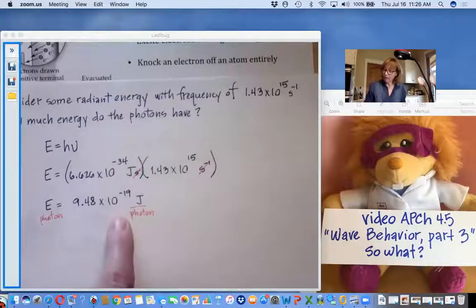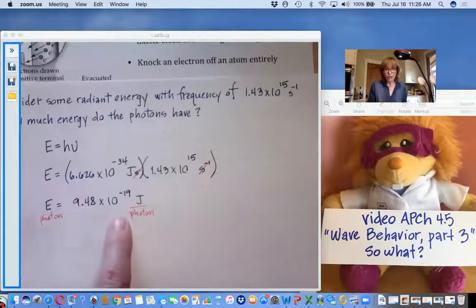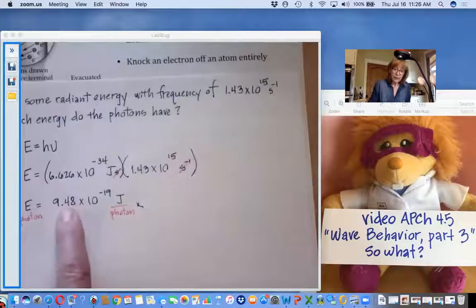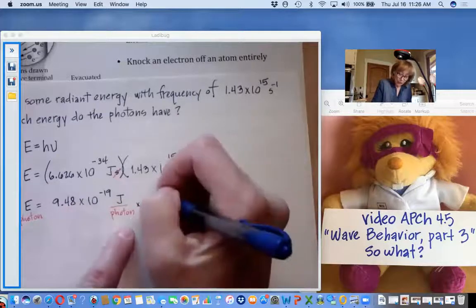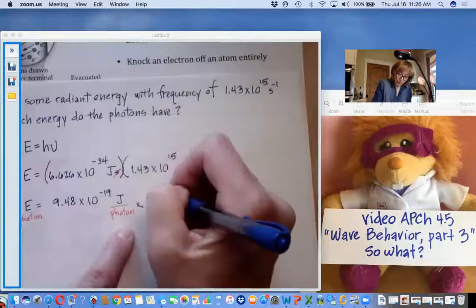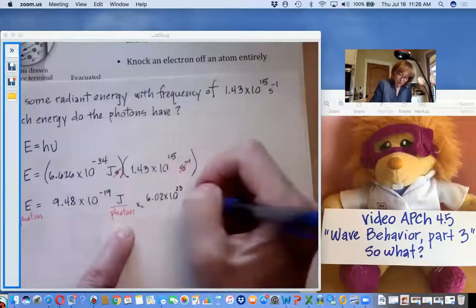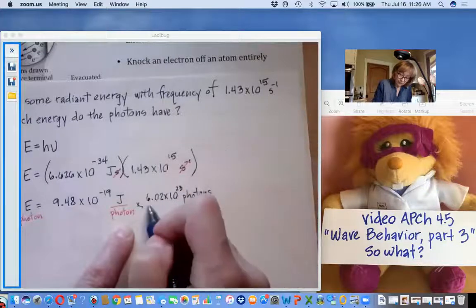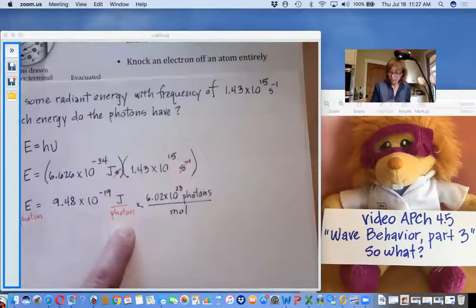Let's suppose we actually had a mole of photons attacking a mole of beryllium atoms. So here is my energy of each photon, and now I'm going to use Avogadro's number and say that there's Avogadro's number of photons in a mole of photons.